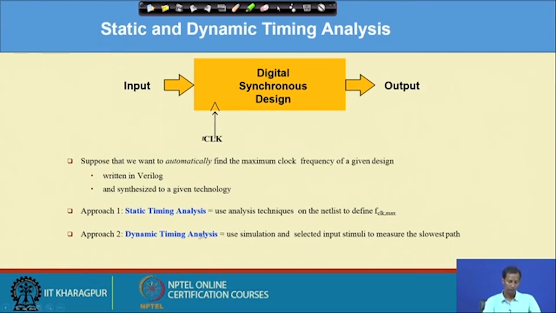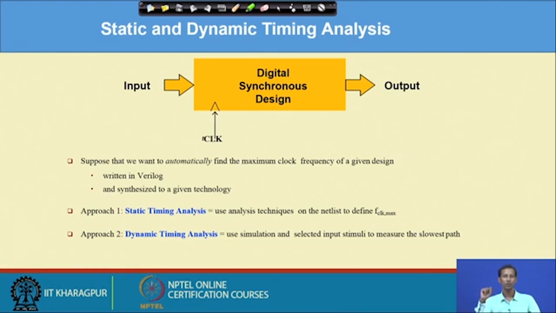Here, whatever is the critical path from the input to the output, the path which takes the maximum time is the critical path for your system. So, how much time that particular path takes, 1 divided by that time is basically the maximum achievable frequency.